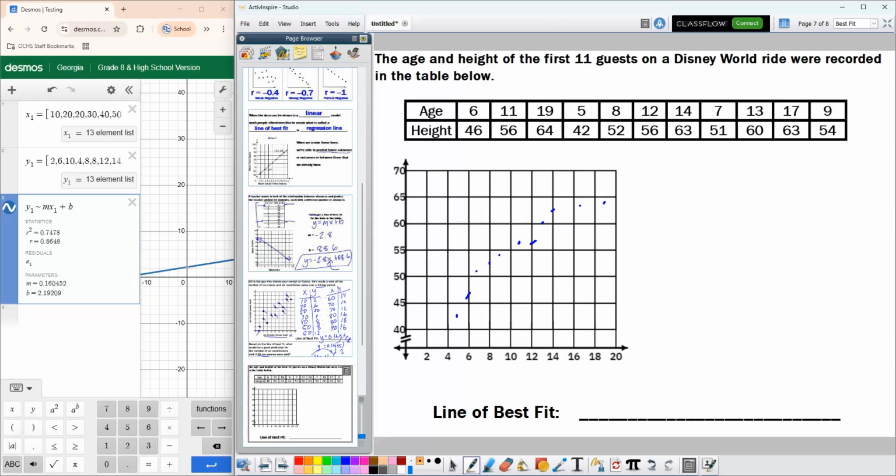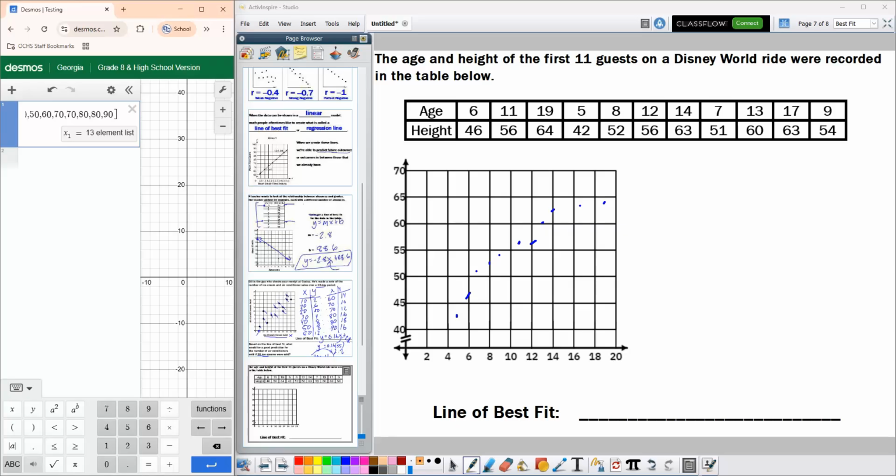Okay, we could draw a line through that and just kind of estimate a line of best fit, or we could go to Desmos and type it all in. I prefer just to get it all right. Let Desmos do the work for you. So I'm going to type in all my x's. 6, 11, 19, 5, 8, 12, 14, 7, 13, 17, and 9.